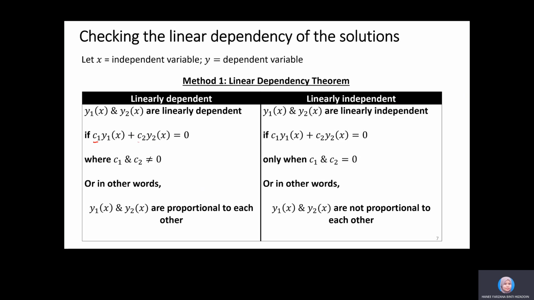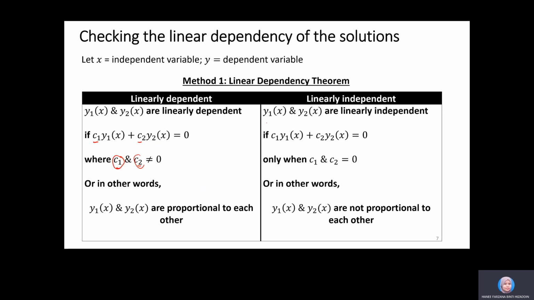By right, we don't want the combination of c1y1 plus c2y2 to equal 0 with nonzero constants. However, if it can become equal to 0 even when c1 and c2 are not 0, it means y1 and y2 are linearly dependent. They are proportional to each other. We will see an example after this, okay?